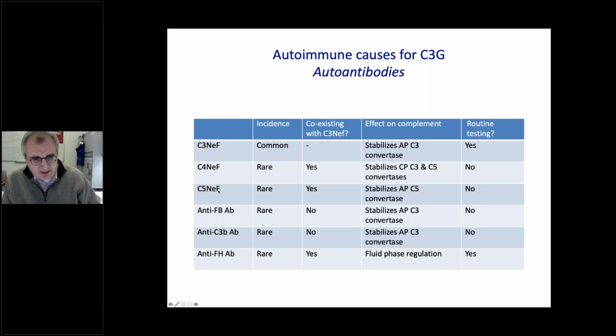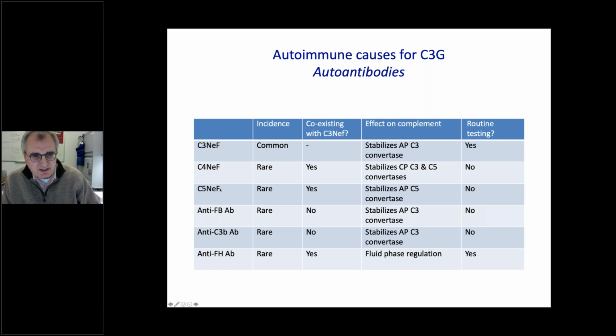I skipped to C5nef. More recently found is an antibody, also an IgG antibody, that can occur alone or together with C3nef, and in the first place stabilizes the C5 convertase. If it's alone present, it mainly shows overactivation of the terminal pathway.